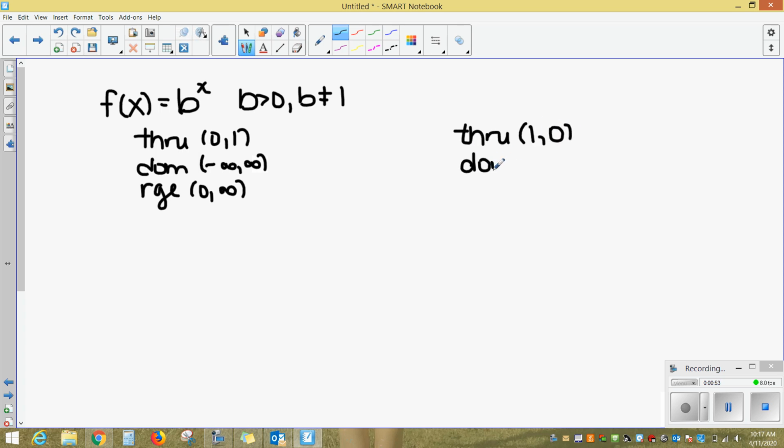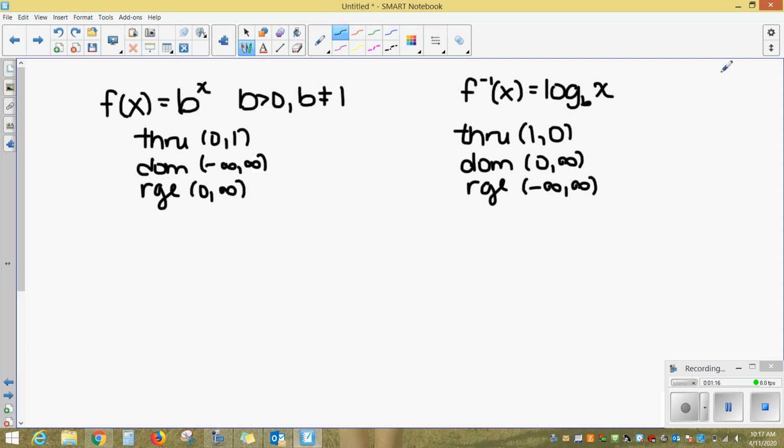Its domain was only positive numbers. Its range is all reals. And we didn't know what to call this. When we worked through the last section 4.3, we said, well, the inverse, that's our logarithm.